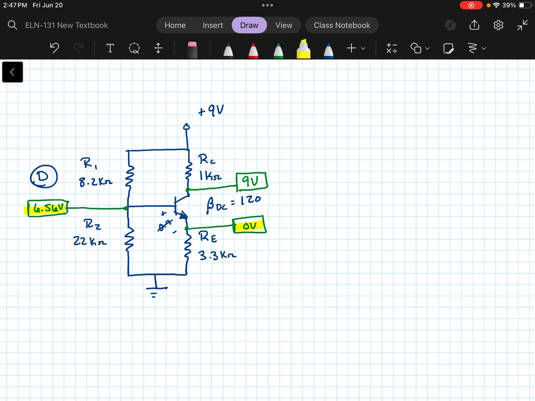Also, we've got 9 volts at VCC and 9 volts on the other side of our resistor at the collector. So that tells me that there's no current here, because if there was a current through there, there would be a voltage drop of some sort, even if it's small.